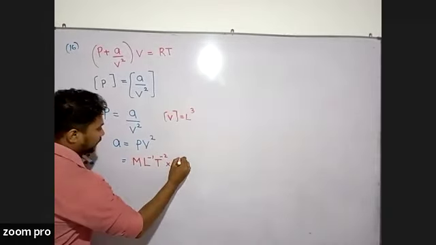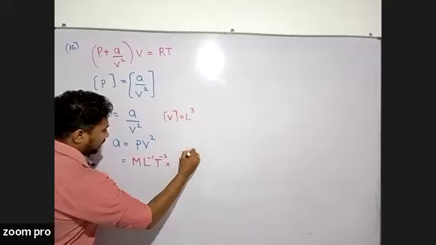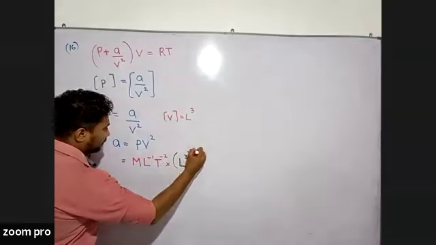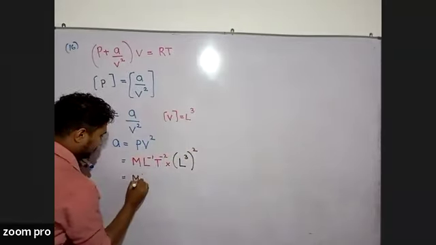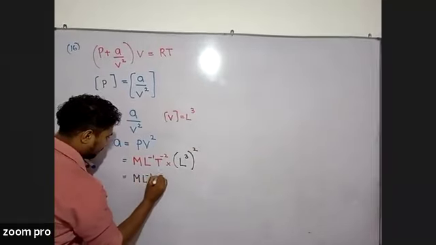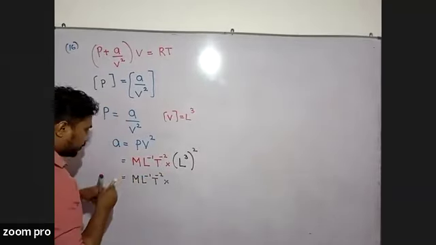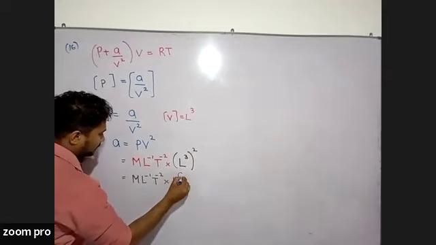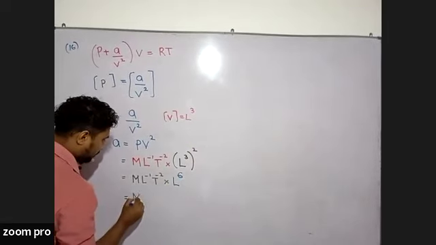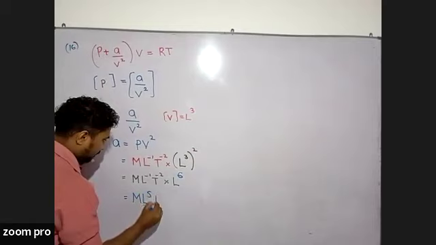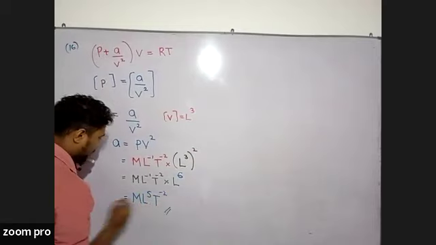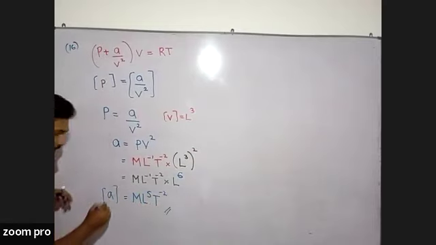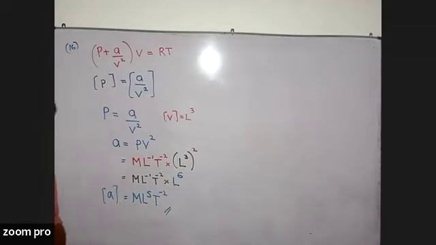That means you have to substitute L cube to the power of 2, so this should be written as L to the power of 6. So the dimensions of A should be M L 5 T minus 2. So this is the dimensions of A.